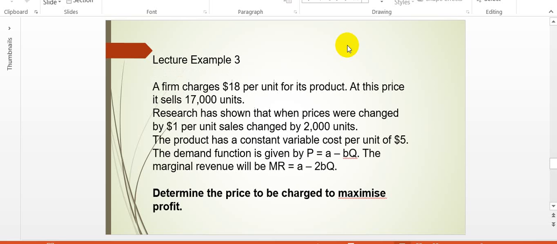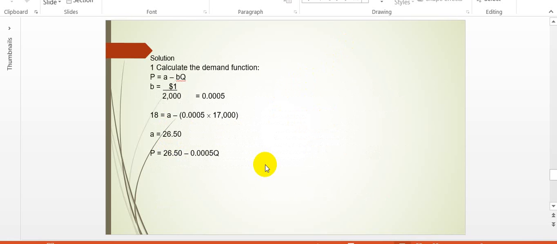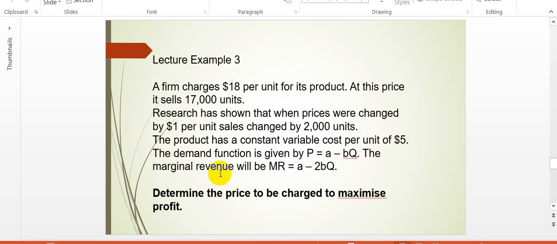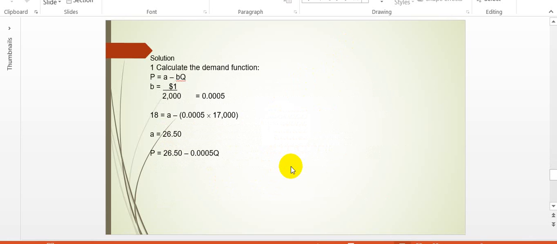So the change in price is $1, the change in quantity is 2,000 units. So $1 divided by 2,000 units gives us our B as 0.0005.